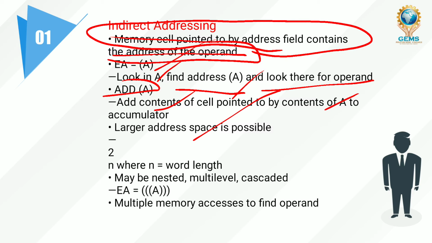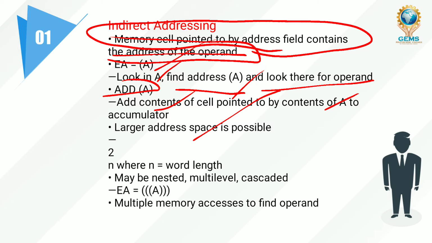So this talks about how the indirect address mode works, how it will store the data, and how it will take the data based on the size.